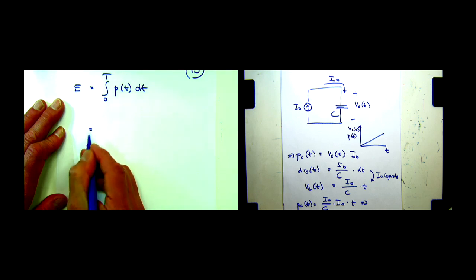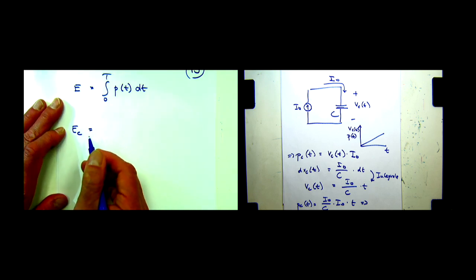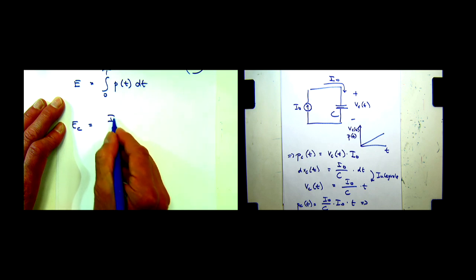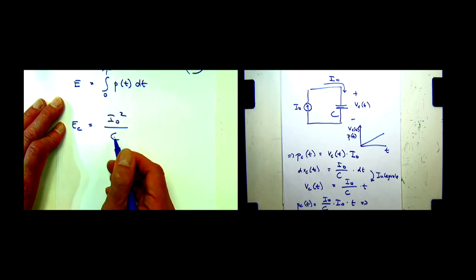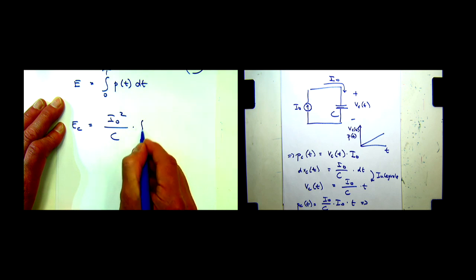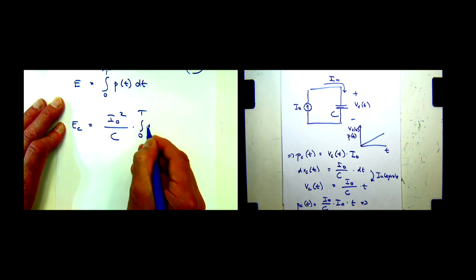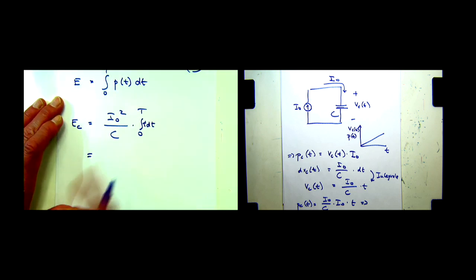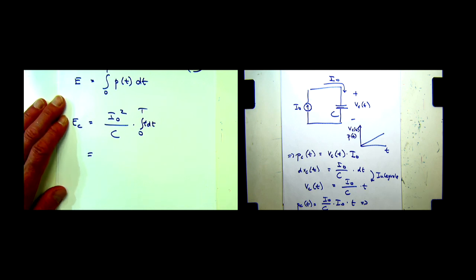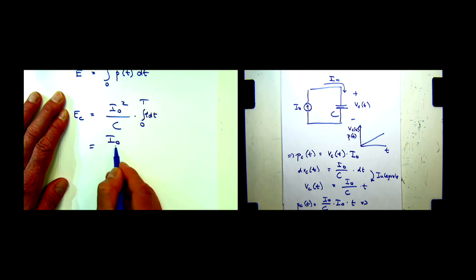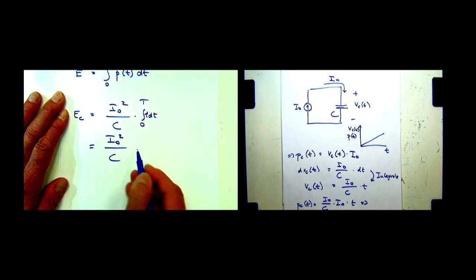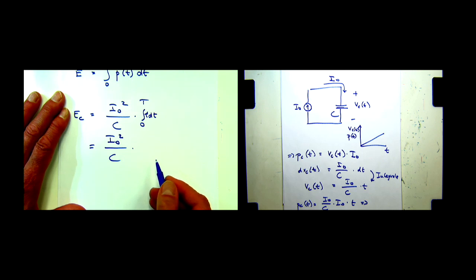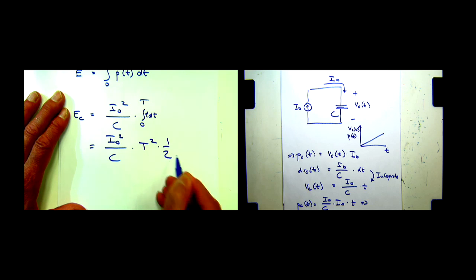So apparently the energy delivered to our capacitor is equal to I0 squared over c times the integral from 0 to t of t dt, and that is equal, assuming the capacitor was discharged initially, so the energy on the capacitor at 0 is 0, to I0 squared over c times t squared over 2.